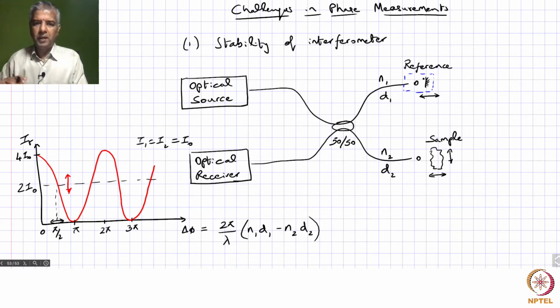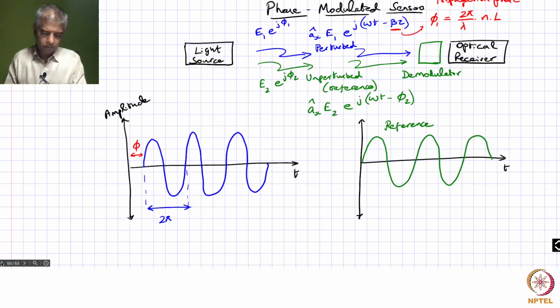I do want to make a point about the optical source at this point. So let's just see what sort of optical source you would use. We made this argument that we have been all along talking about phase.